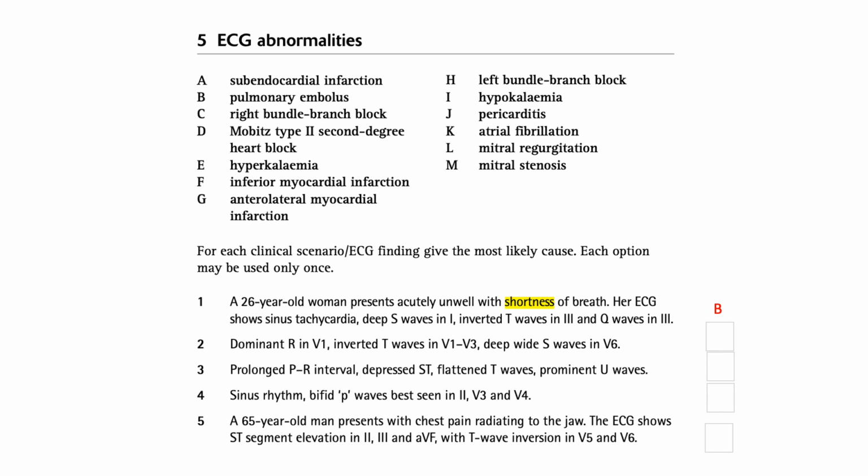And look, to be honest, I actually don't know the answers to these because I haven't written them down. Given it's talking about V1 and V6, I suspect it's talking about one of the bundle branch blocks. And given it says inverted T waves, I'm wondering about ischemia as well. So it could be talking about G with a new left bundle branch block.